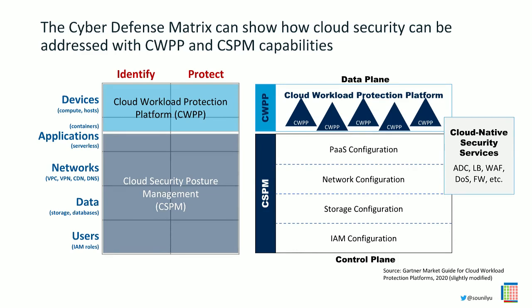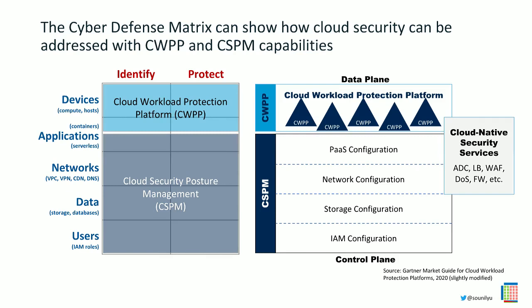Each asset class in the Cyber Defense Matrix represents a potential attack surface that needs to be addressed in cloud environments. While there may be some overlapping features, CSPM and CWPP generally address different parts of this attack surface, as shown here. Specifically, CSPM typically secures the configuration of the underlying infrastructure, such as S3 buckets, which is the data category, IAM roles in the user category, network security groups, and so on.